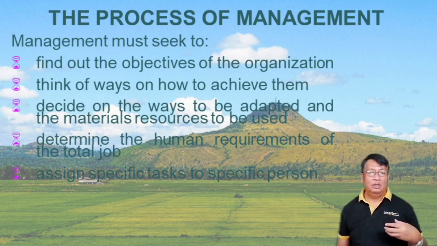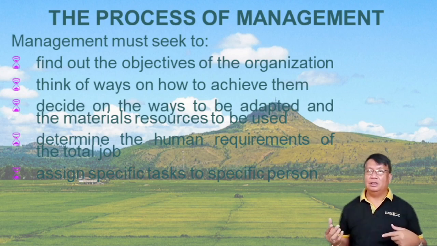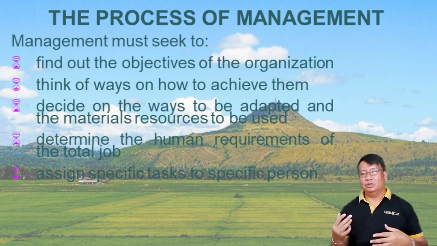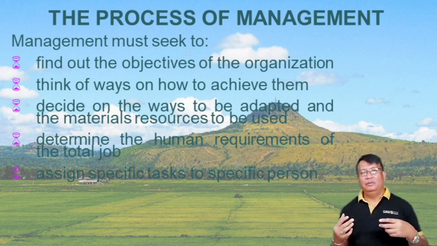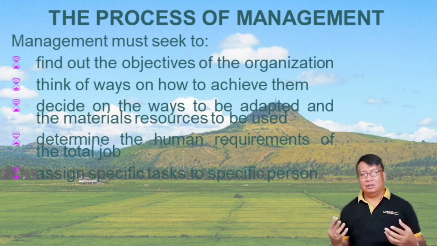Then also assign specific tasks to specific persons. This is somewhat a problem later if there are complications, what we call a misunderstanding of the job descriptions, of the job assignments. Why?